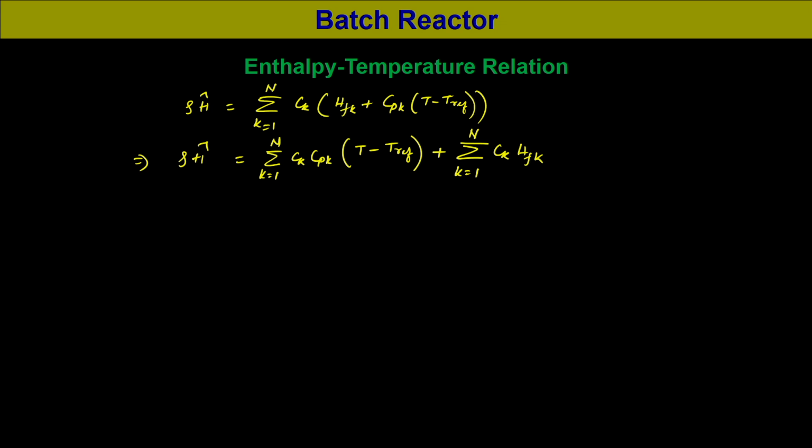So, from here, we can write this would be equal to rho C P cap into T minus T reference plus summation over k is equal to 1 to N of C k H f k.